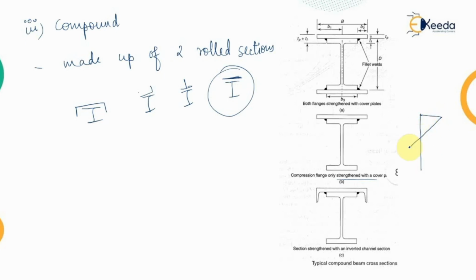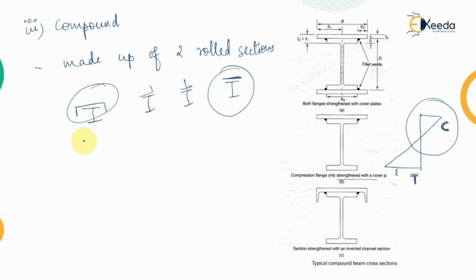So as we know, under the load the beam shows this type of stress diagram, that is the top portion is under compression while the bottom portion is under tension, and steel is inherently good in resisting the tension. So to strengthen the compression side of the steel, we provide additional material at the top.